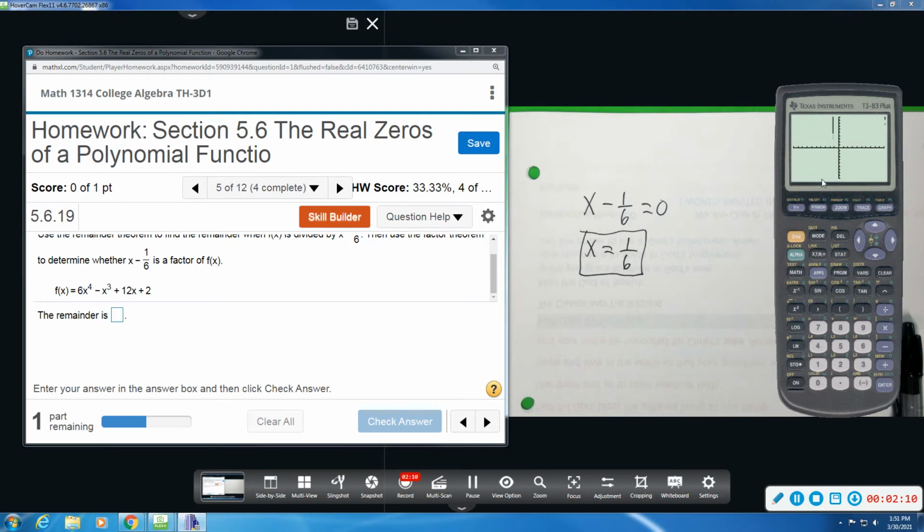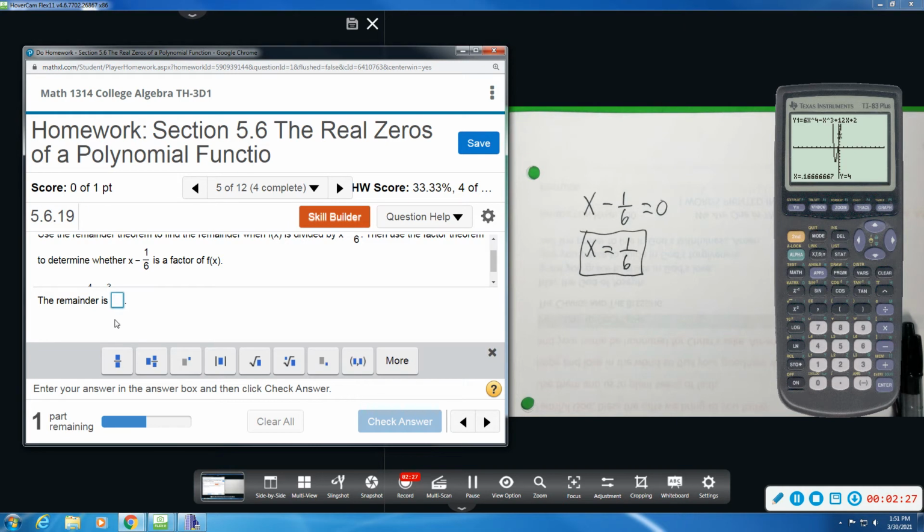It shows the graph first, and then it's waiting. X equals, what do you want x to equal? 1/6. So I'm going to do 1 divided by 6. When I plug that in, the y value that we get is 4. So the remainder is 4.